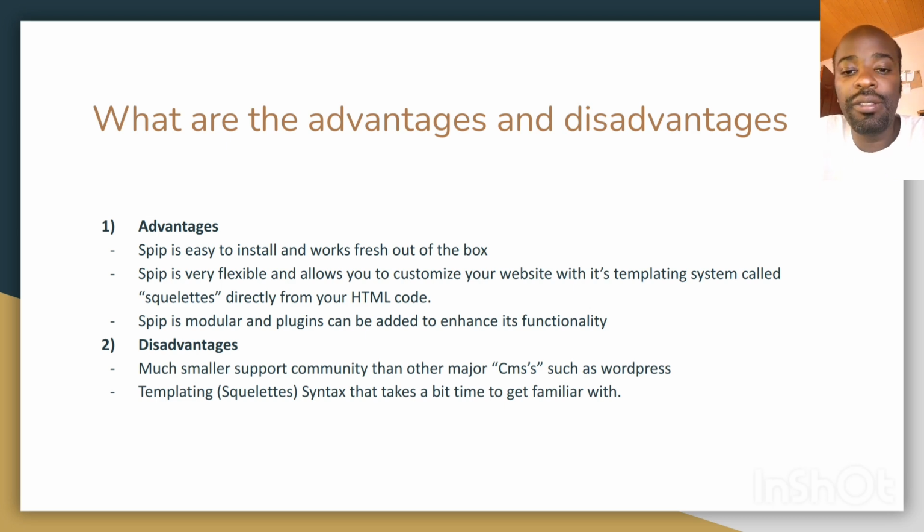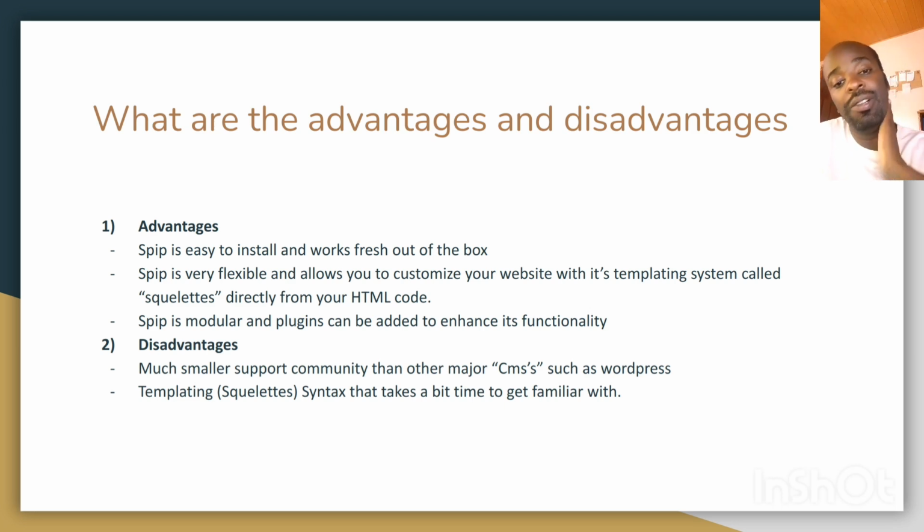One of the disadvantages is that Spip has a much smaller support community than other major CMSs such as WordPress. I, for one, know almost everybody who is actively involved in the Spip community. We have mailing lists and such, but the support for the content management system is pretty small. It is growing. Hopefully it will be bigger because it is actively developed. Really, Spip is not something that is dormant.